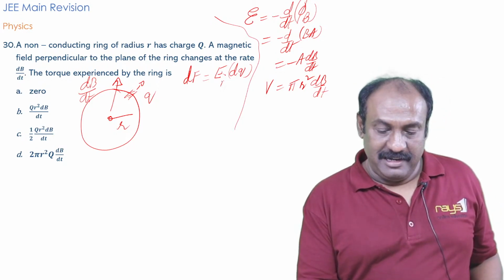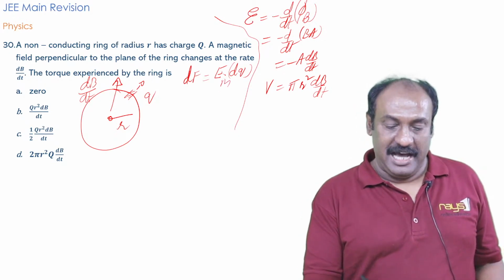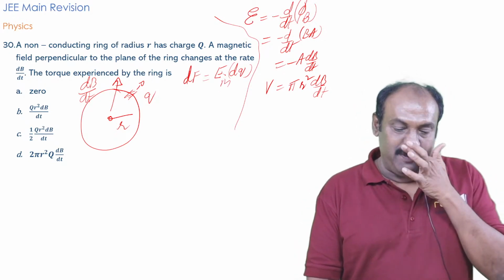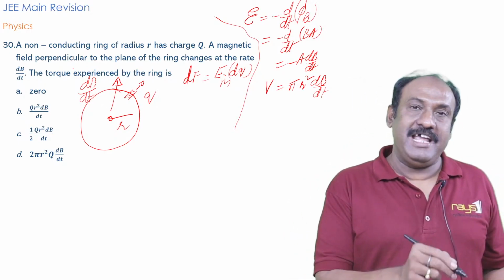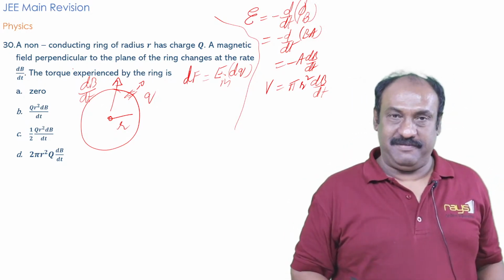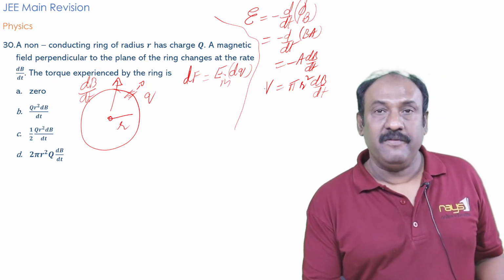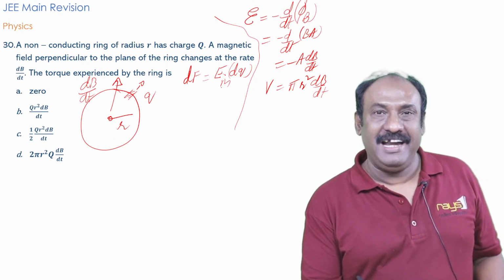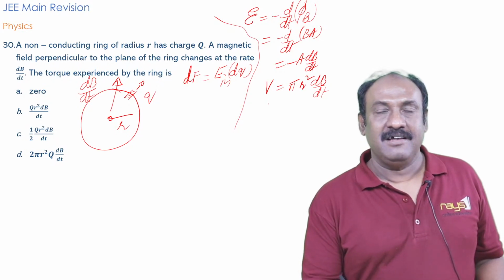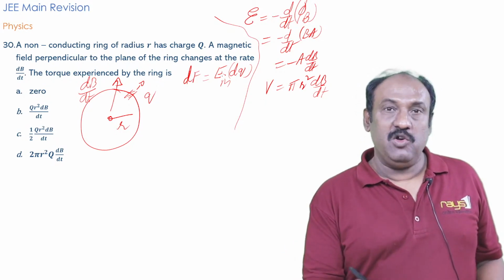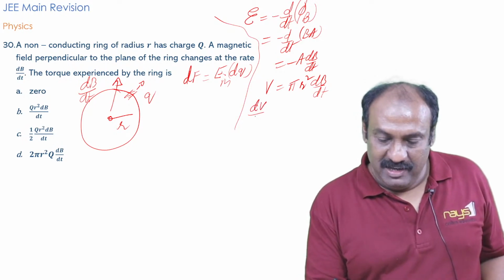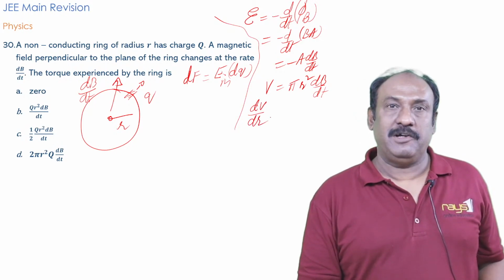So what we want is the induced electric field intensity, for the calculation of force experienced by this ring having charge Q kept in the time varying magnetic field region. The induced electric field intensity is the position variation of EMF, that is dV by dr, the potential gradient.